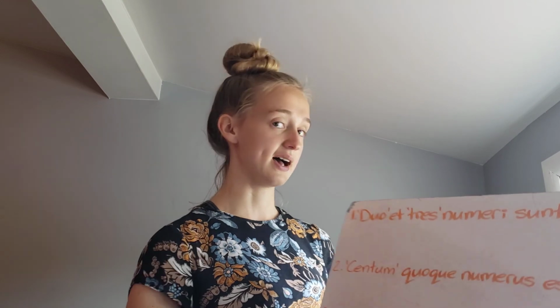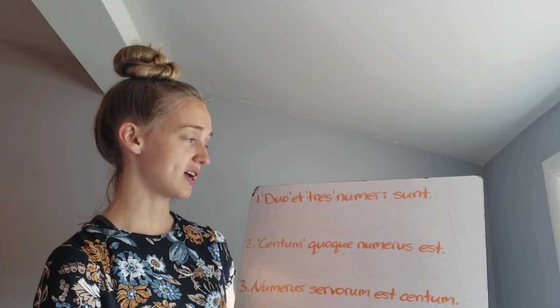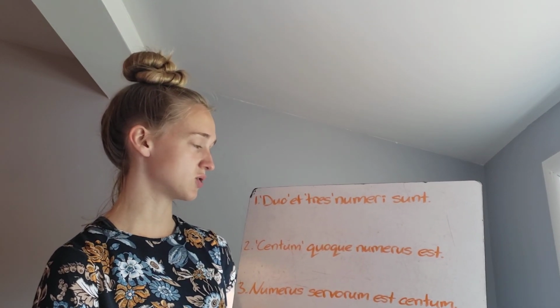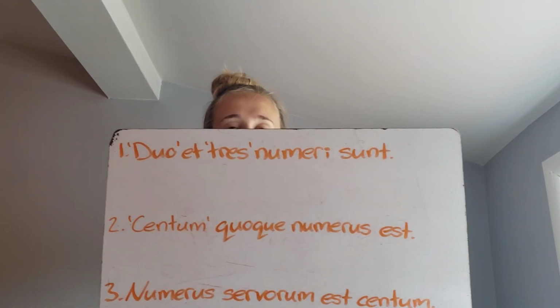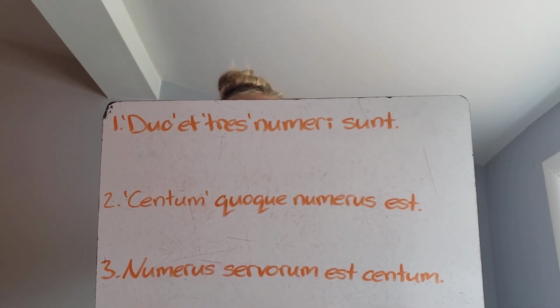Okay, we can jump into translation. We have more words than usual this time, but I know you can do it. We don't really have anything new, and so I think we are going to fly right through translation. So, number 1, we have duo et tres numeri sunt.